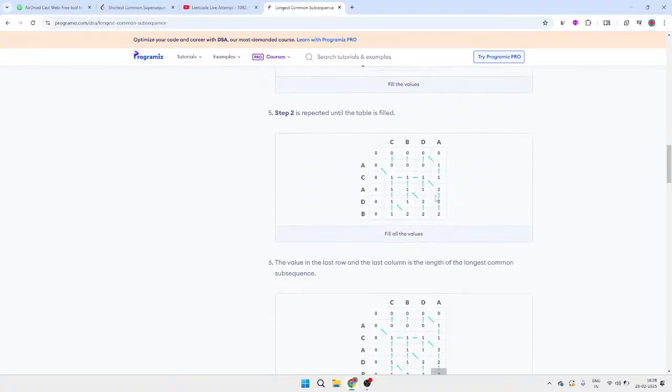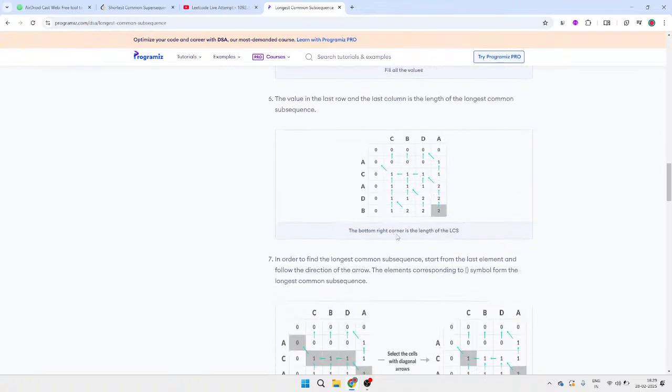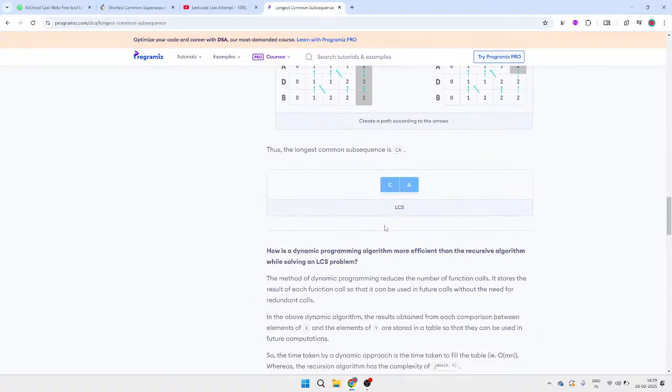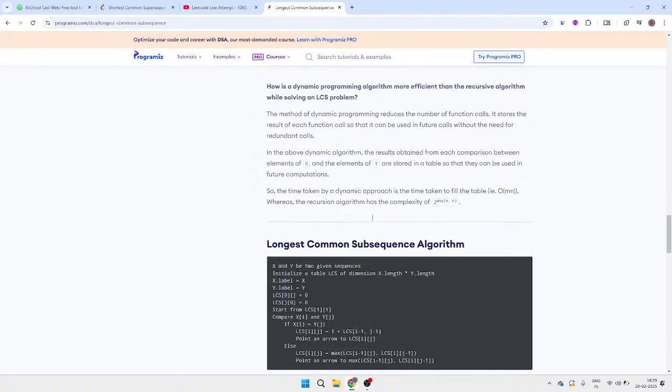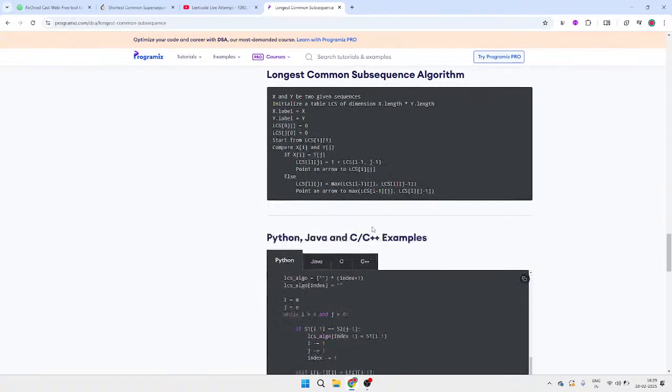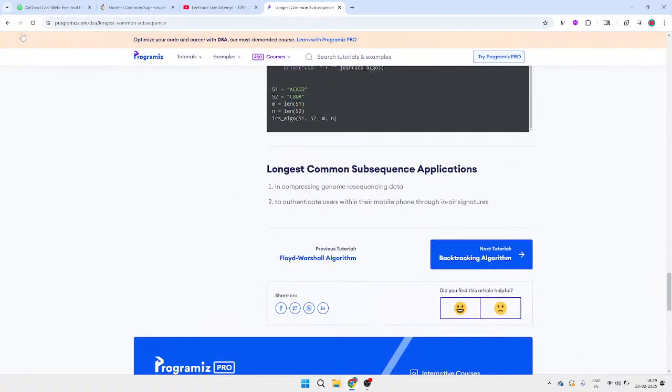Okay, so if it is not matching, then the max of these two is 2. So let's say they have created this thing, but none of these explain why this thing works.